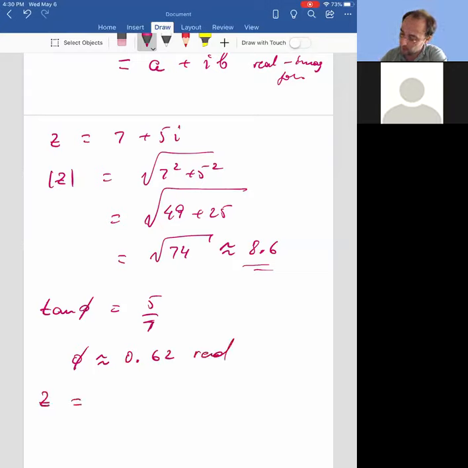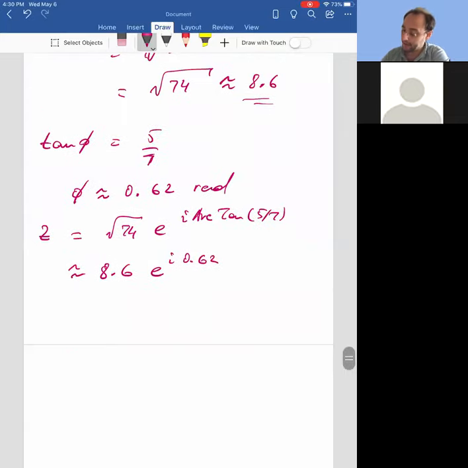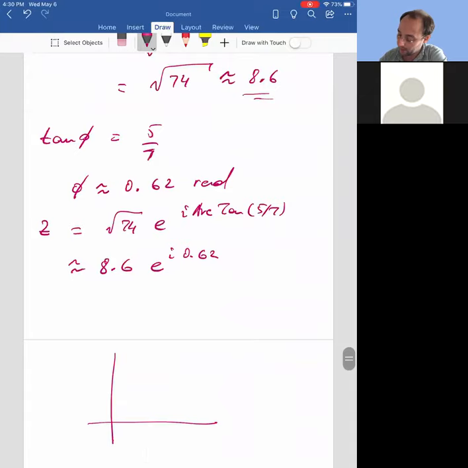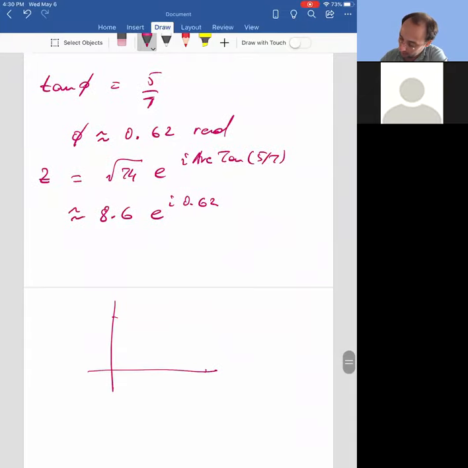So z equals square root of 74 e to the i arctan of 5/7, which is approximately 8.6 times e to the i times 0.62 radians. And you can depict it graphically if I give you either form. So if I give you 7, 5, it's somewhere here. So this magnitude is 8.6, and this angle is 0.62 radians.